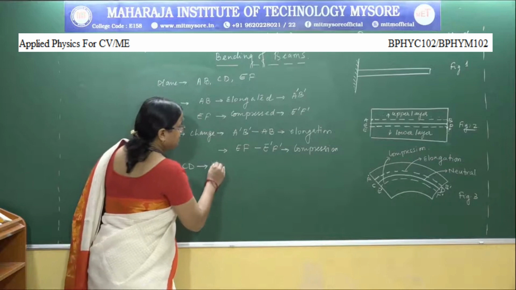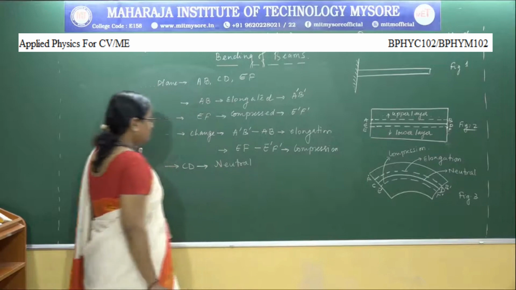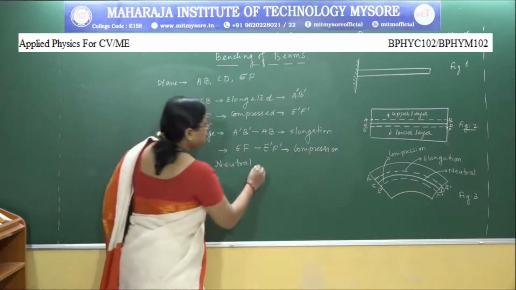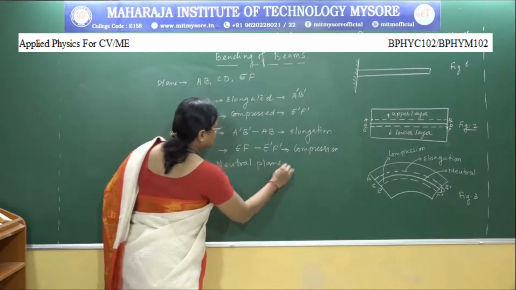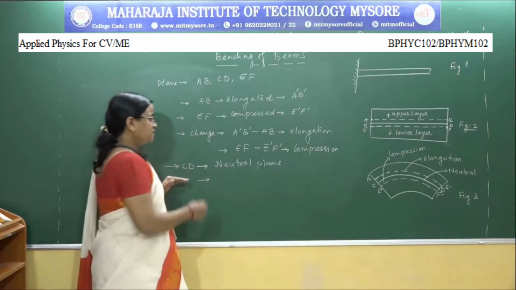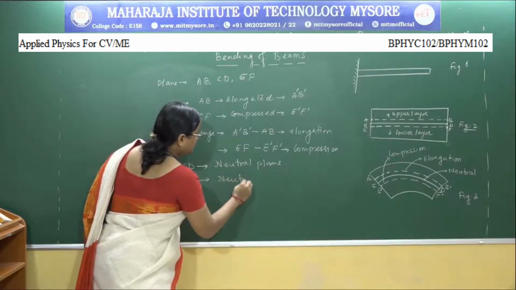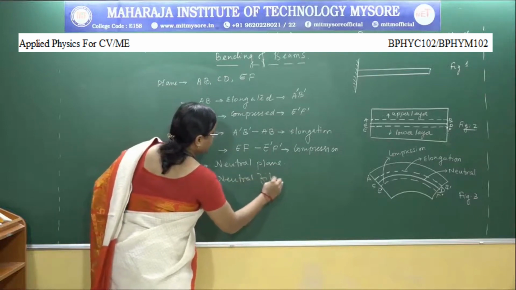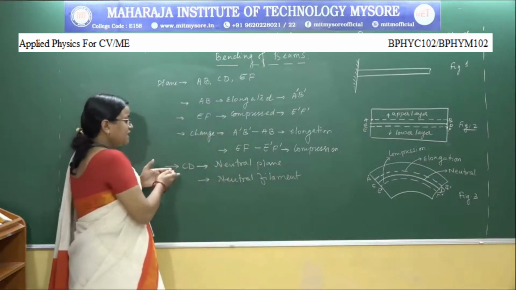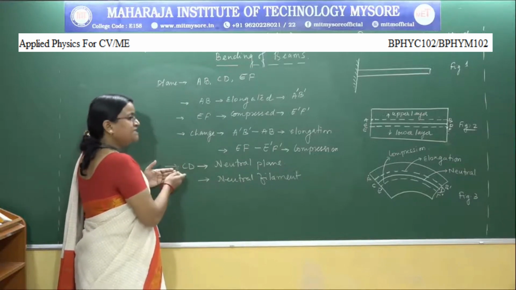So this CD we call neutral, the plane of which it is made we call the neutral plane, and this CD, enclosed in one plane, we can call the neutral filament, or the CD with the axis which passes through the plane of which CD is made.